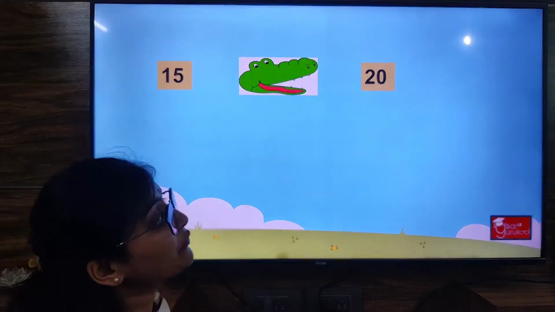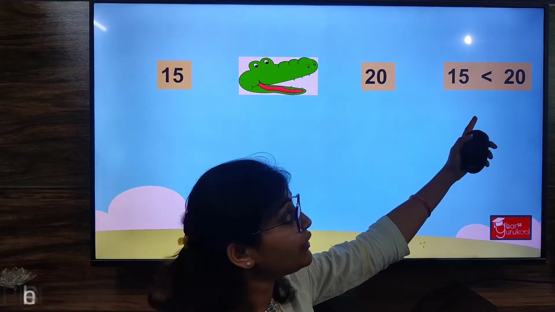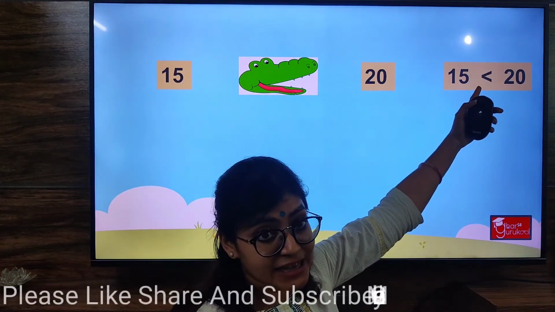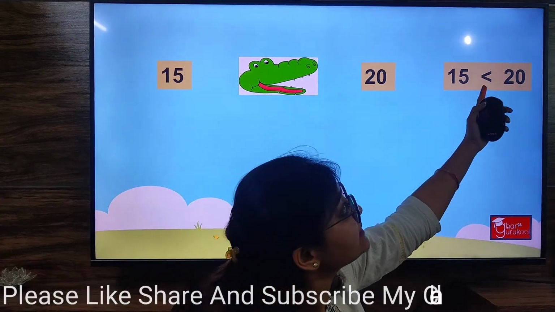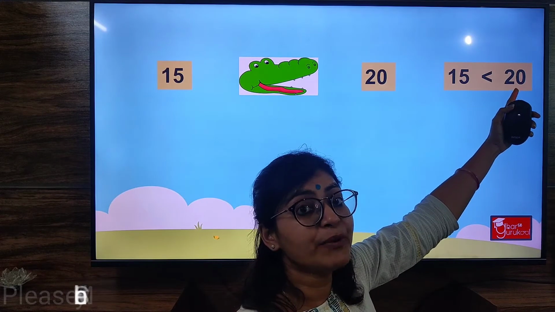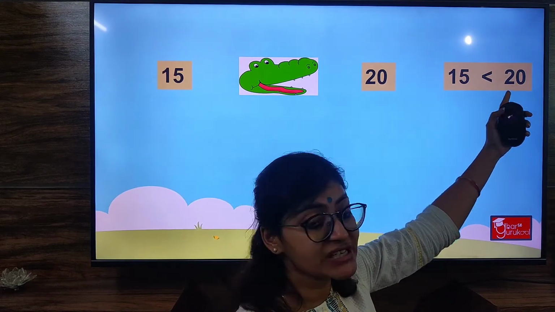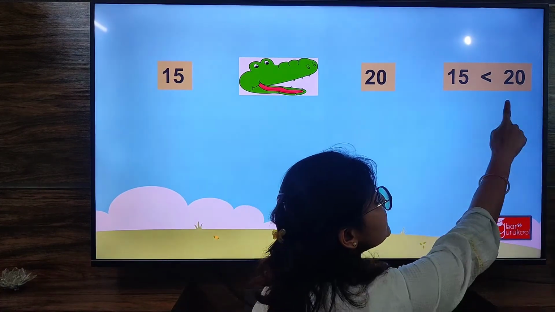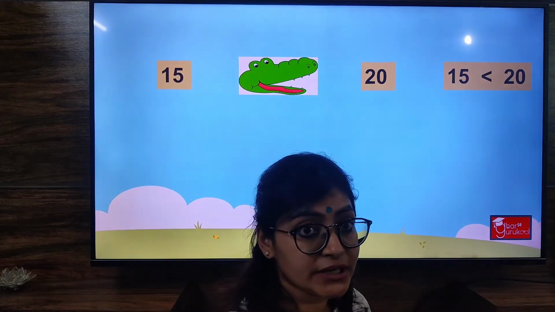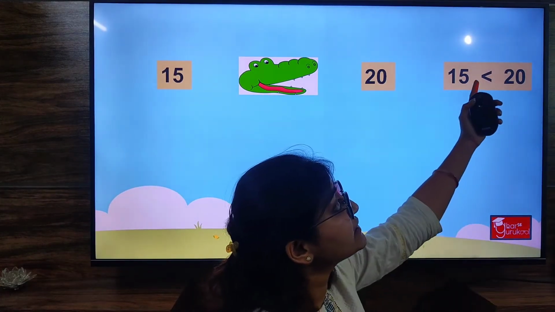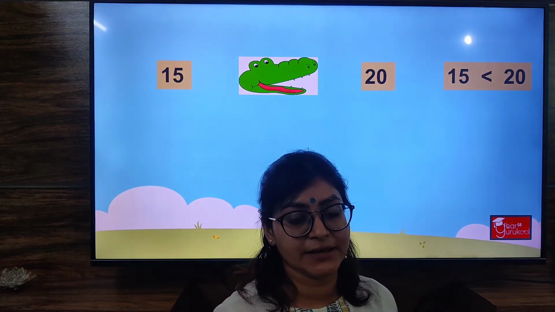And this can be written like this as well, because this sign is actually the open mouth of this alligator, and it is open towards a bigger number, a greater number, which is 20. So this can be said as 20 is greater than 15 or 15 is smaller than 20.